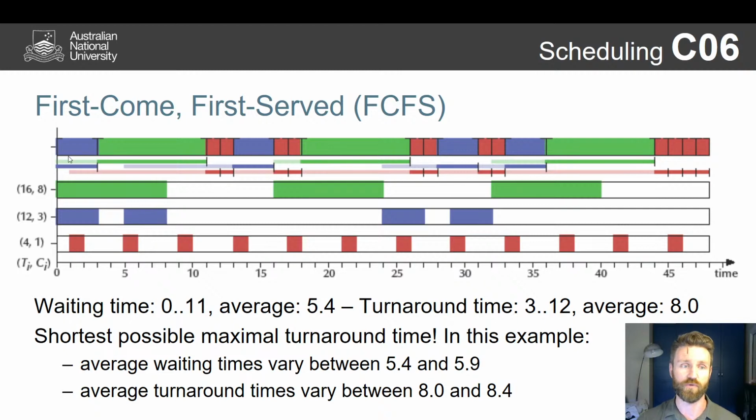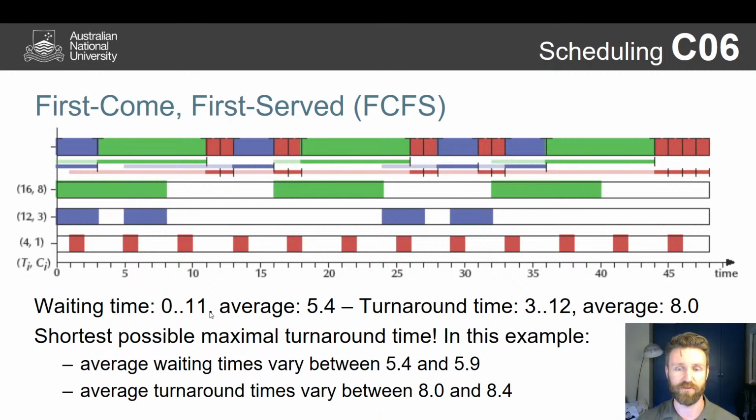How long is it between when the process was requested and when it was complete? So when it's finished use of the CPU. One nice property of first come, first served, other than it's really simple, which is a great property, obviously, is that you do actually get the shortest maximal turnaround time.